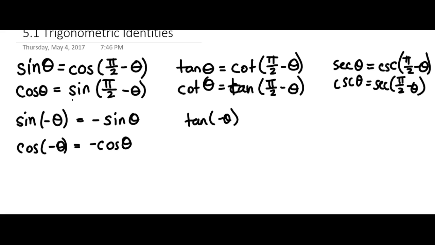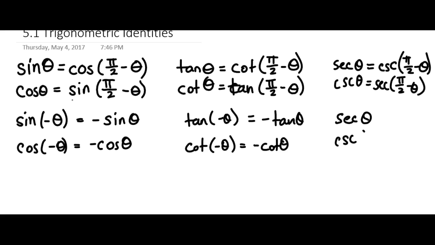Tangent of negative theta equals negative tan theta. Cotangent of negative theta equals negative cotangent of theta, and secant and cosecant of negative theta equal negative secant and cosecant of theta.